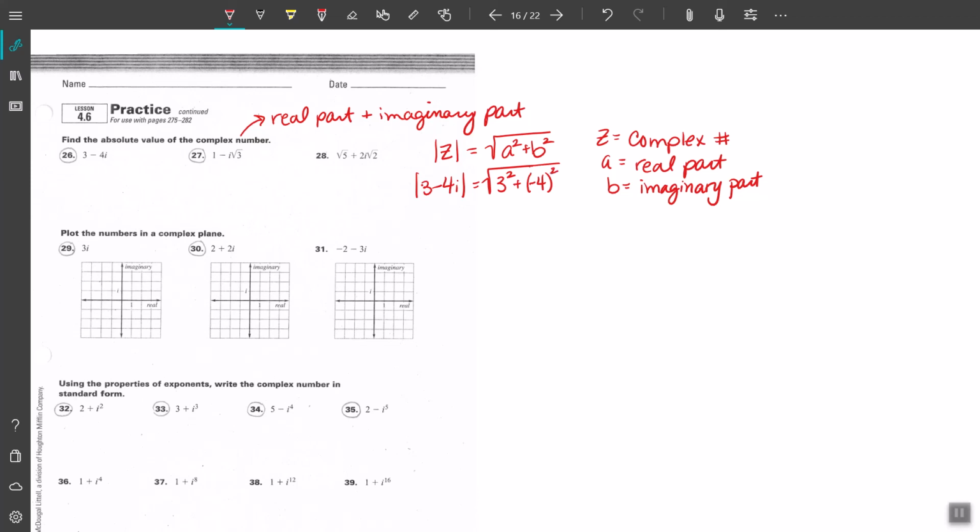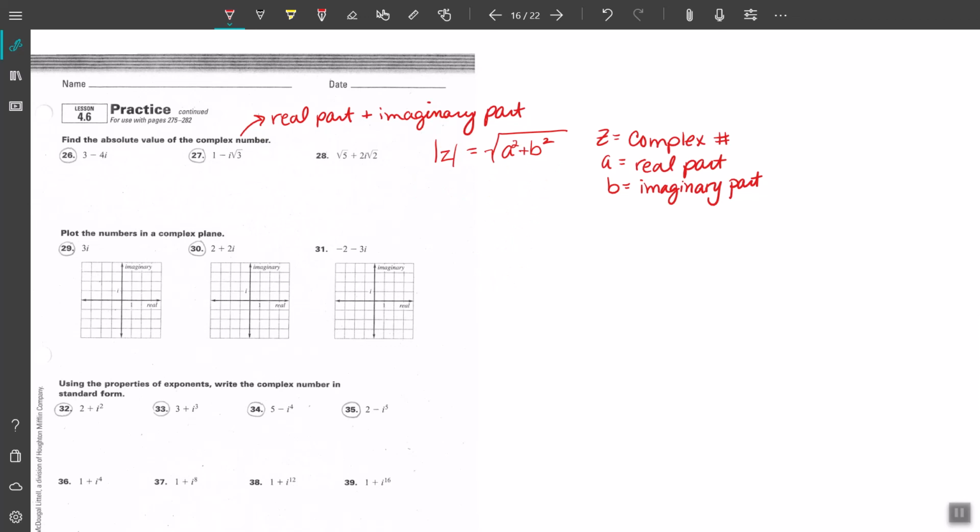So you're taking the real part and squaring it, and then you're taking the imaginary part and squaring it. So under the radical, I'm going to end up with 9 plus 16, which gives me the square root of 25, which gives me 5. So the absolute value of this complex number 3 minus 4i is 5.